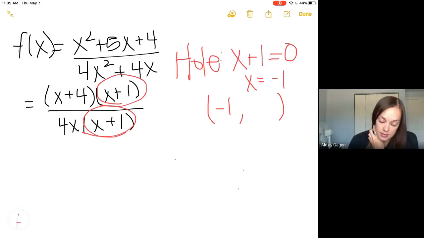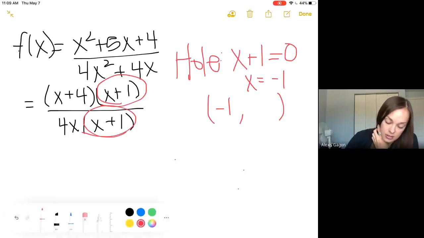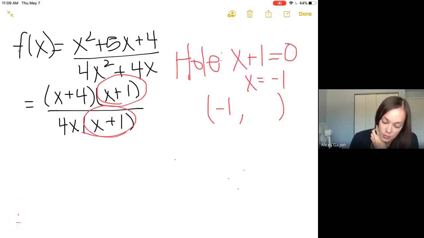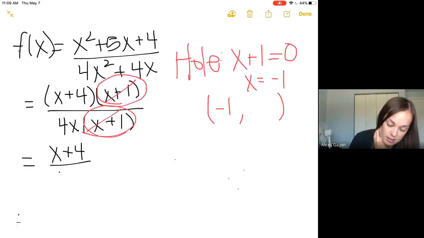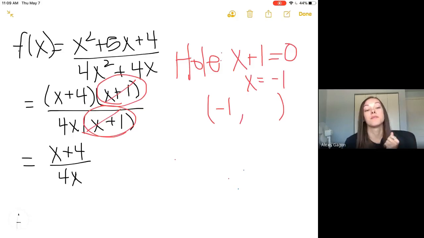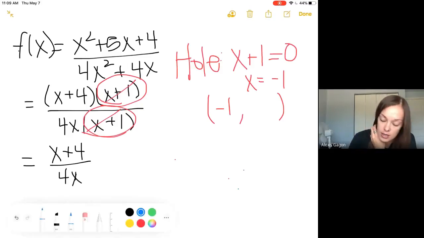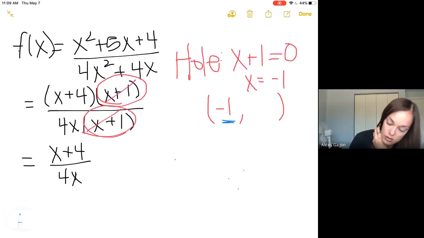To do that, since these cancel, we go to our simplified version of this equation. So that's going to be x plus 4 over 4x. And then you take whatever value you solved for x, and you plug that into the equation. So I'm going to plug -1 into the x's.